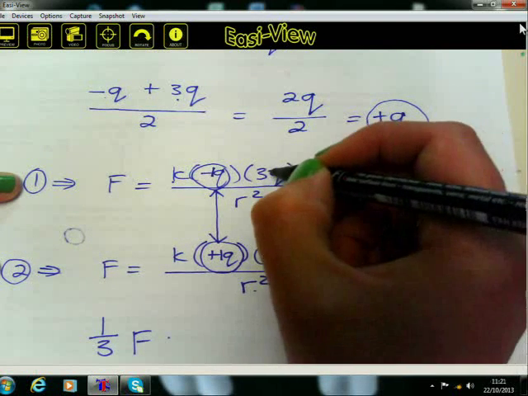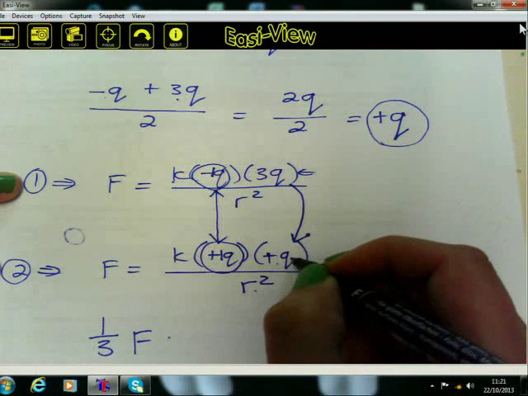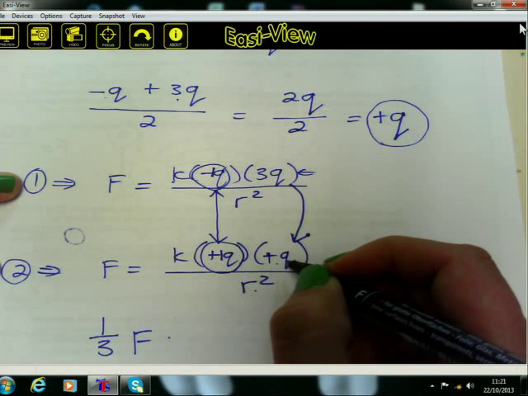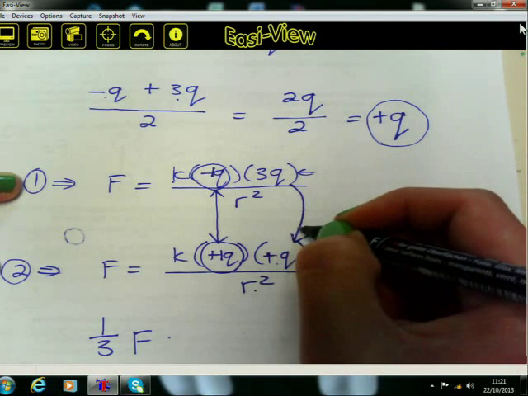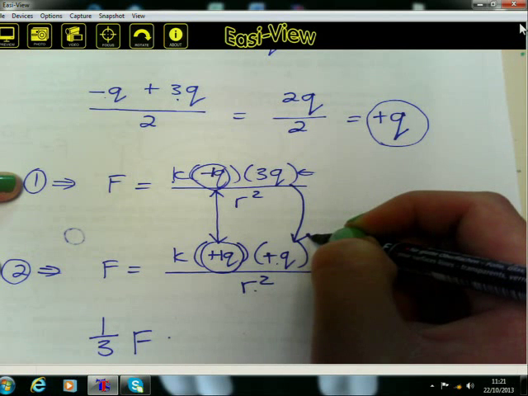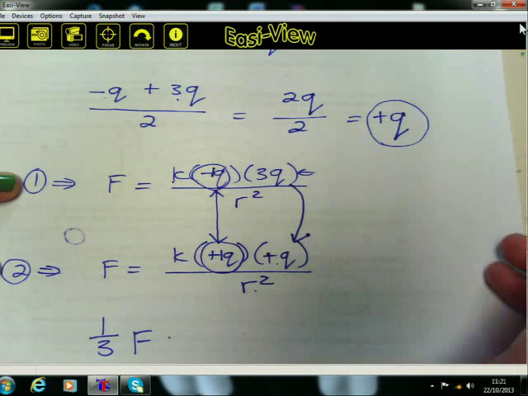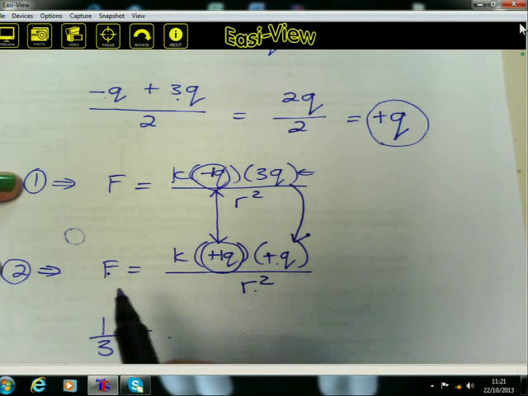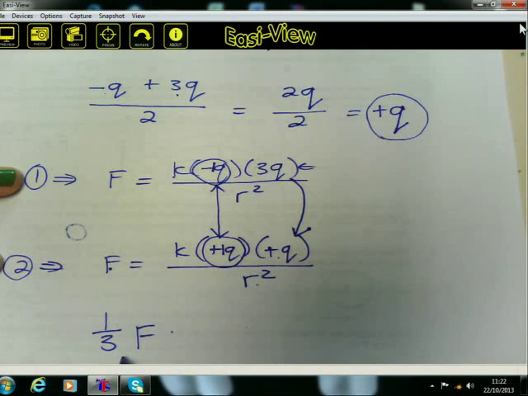Initially it was 3q. After they touched, it became 1q. What happened to it? It became 3 times smaller. And if you multiply by something 3 times smaller, your answer becomes 3 times smaller. And that is why we said 1/3 F.